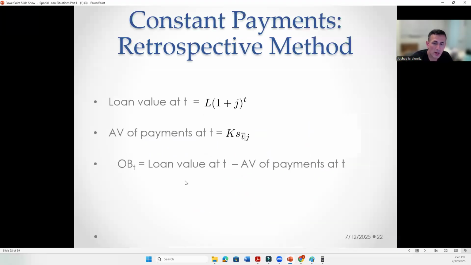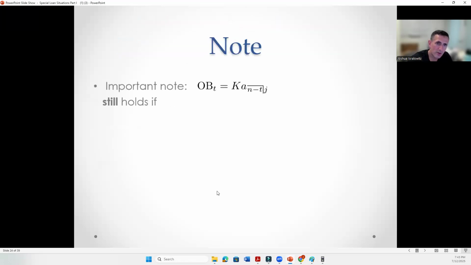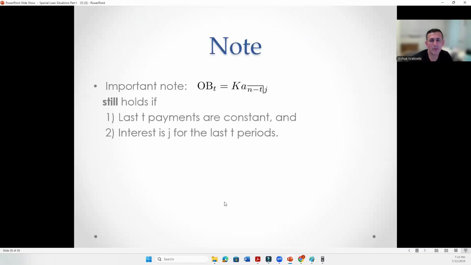It's the value of your payments. So again, the outstanding balance is just the loan value at T minus the value of your payments at T, the accumulated value of your payments from 1 to T, which is just this here. And this still holds if the last T payments are constant and interest is J for the last T periods.